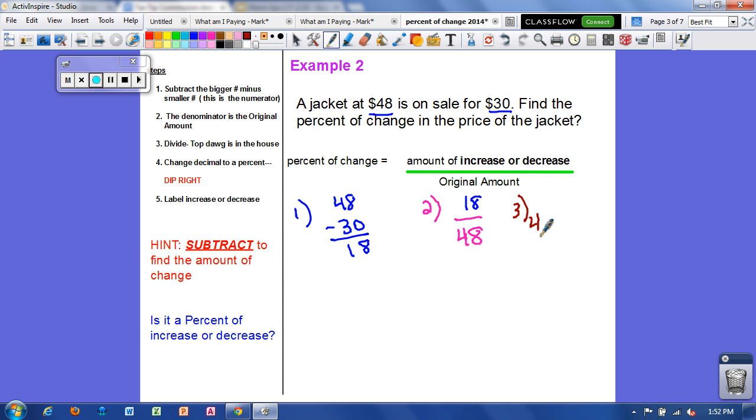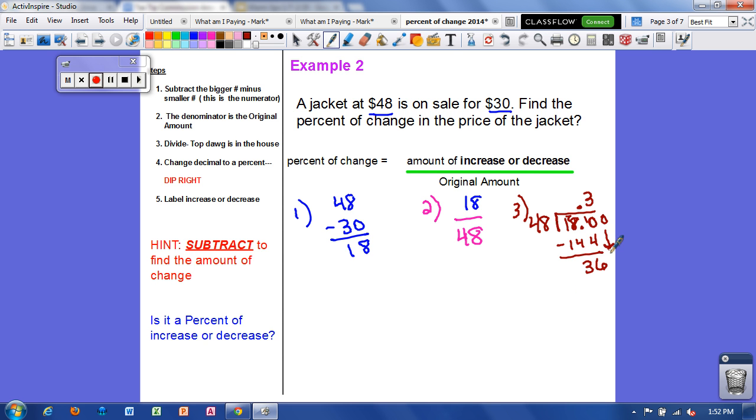So that means 18 is inside, 48 is outside. 48 cannot go into 18, so I have to add a decimal and a 0. Decimal goes up. 48 goes into 180 3 times, which is 144. So when I subtract that, I'm going to borrow. I get a remainder of 36.